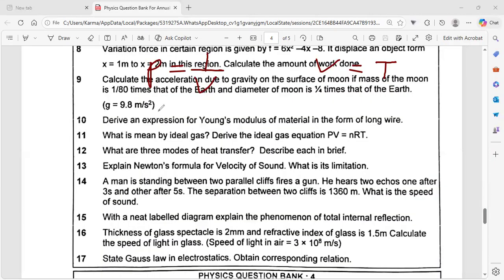PV is constant. V is proportional to T, Charles' law.